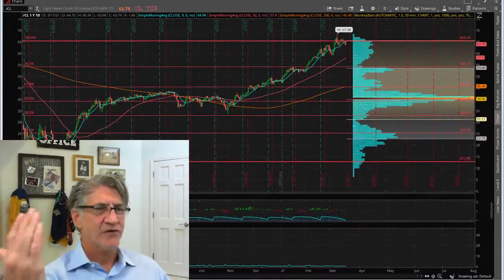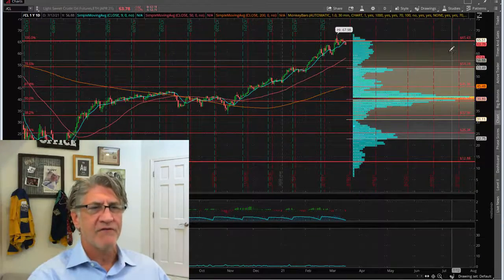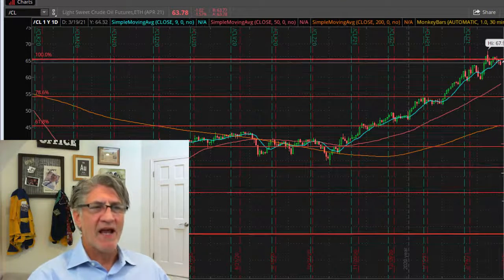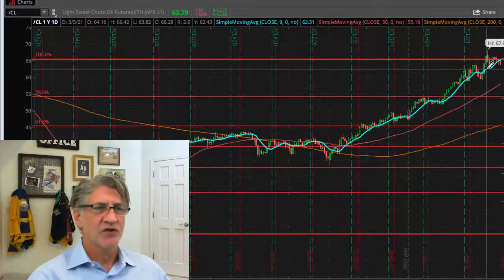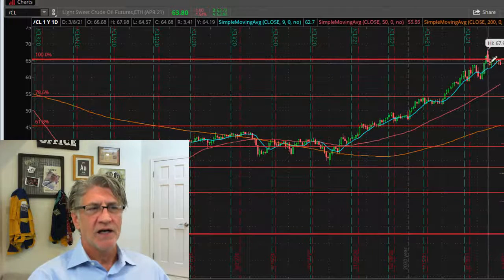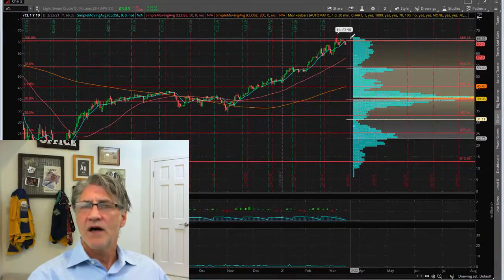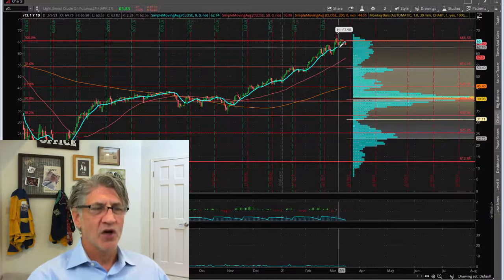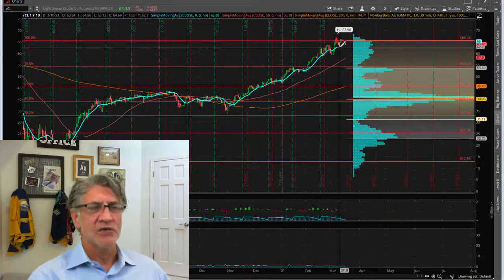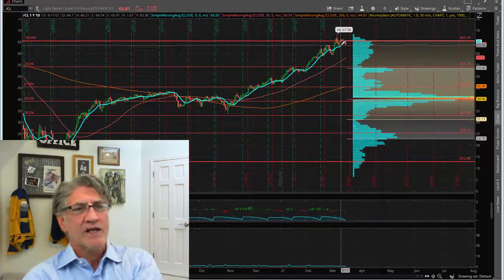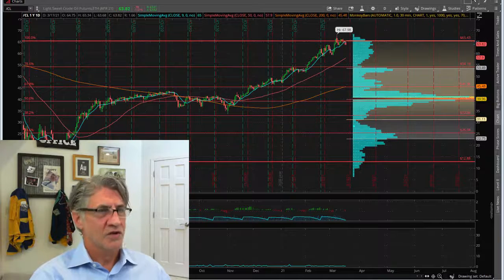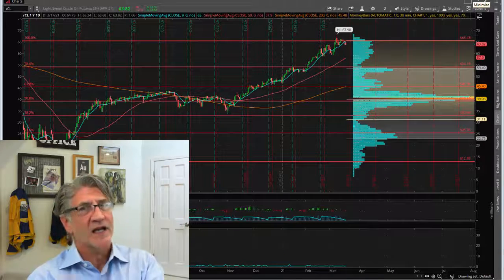We can see crude oil settling down below the 65.43 area that we have lined up with our Fibonacci. This is lined up with right before the pandemic high. We're back below that, and now today below the 9-day simple moving average. So are we going to continue to see higher highs and higher lows, while a breakdown below the 62, 63 area could start signaling a break in that pattern, and that we are going to start seeing a little bit of a correction here in crude oil, which is obviously what I've said time and time again I'd like to see.